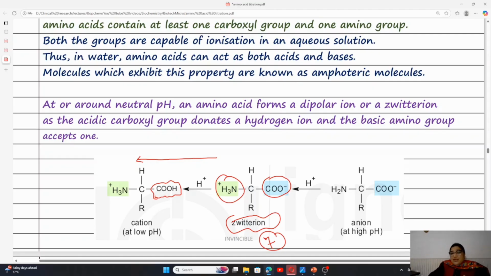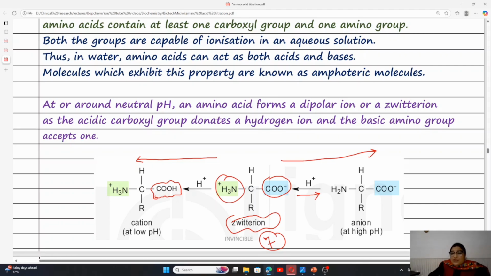And let's say this reaction is reversible. Now when you increase the pH above 7, let's say it's 8, 9, 10, there are certain amino acids that are completely neutralized at about pH 9.